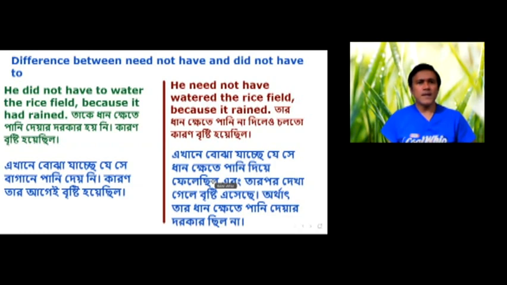Now you will learn difference between need not have and did not have to. By these two examples, we'll be able to understand the difference between these two structures. Have a look to examples I have given here.